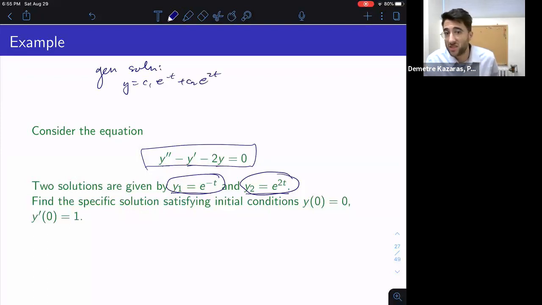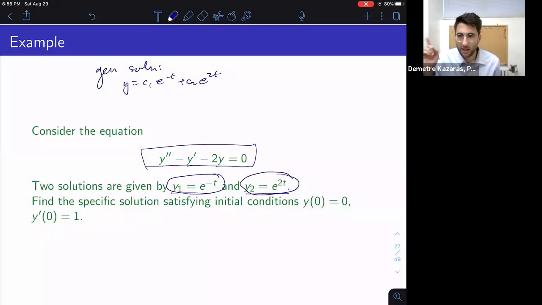By the way, these two functions are linearly independent, and you don't need to calculate the Wronskian to tell that one is not just a multiple of the other. When you just have two functions, you have to be pretty tricky to write down formulas that don't immediately look like multiples of one another, yet actually are. Anyways, there's no trickery here. These are linearly independent, so the general solution looks like this, just a linear combination of them.